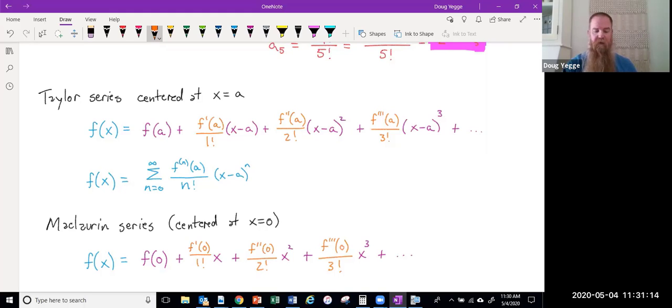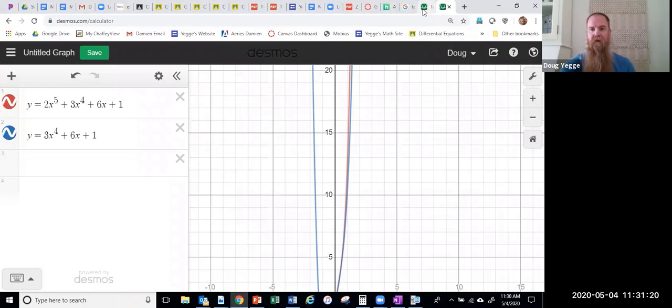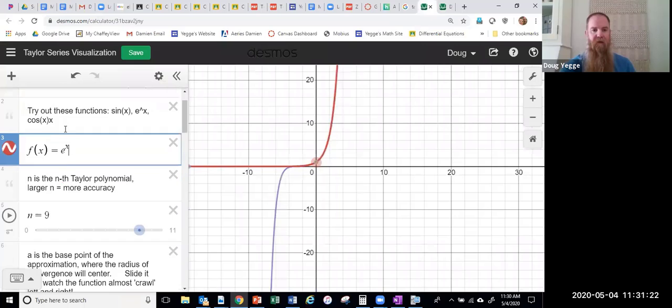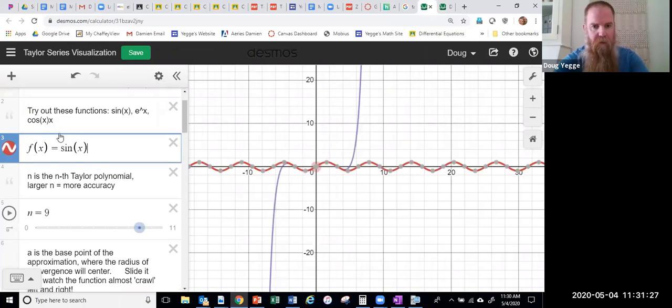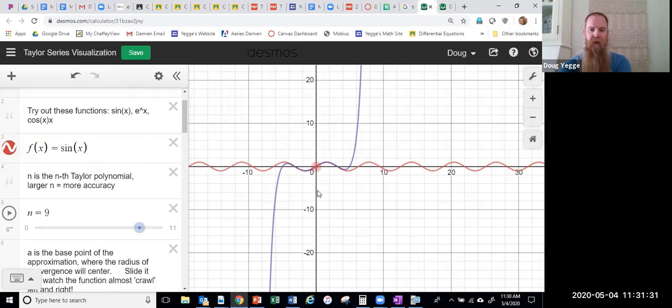So what we want to do is just get some practice now by revisiting this Desmos activity with sine x. So remember how we ended up coming up with sine x over here? Okay, so we had sine of x, and notice that we ended up creating some different polynomials, and we would like to come up with how these polynomials came about.